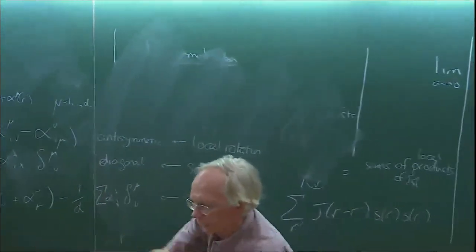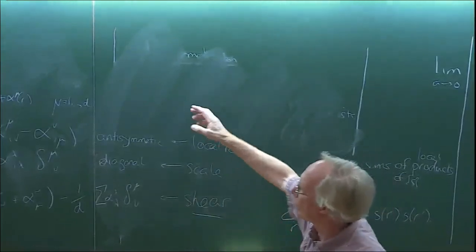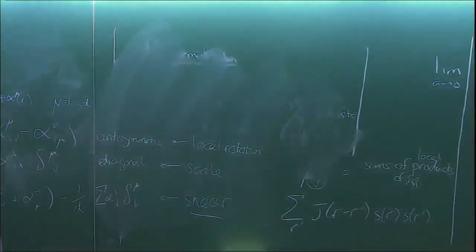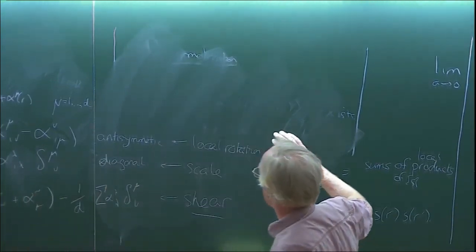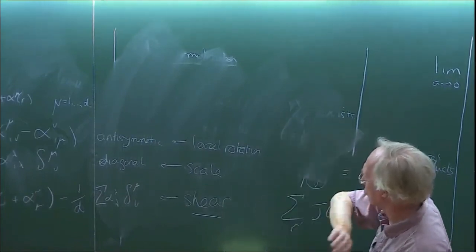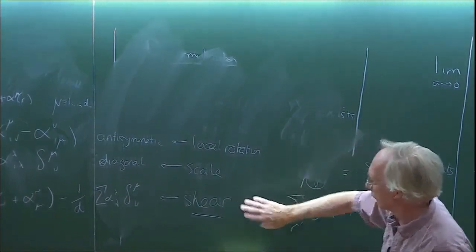Shear like this. Okay, so you can think of alpha of r as labeling the positions of particles in some elastic medium, right? And so what we're doing here is nothing but working out the strain tensor of an elastic medium, and we can say that it's a linear combination of a local rotation, scale transformation, a shear transformation.